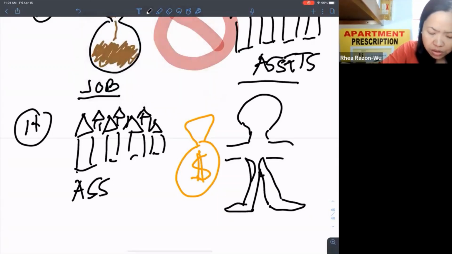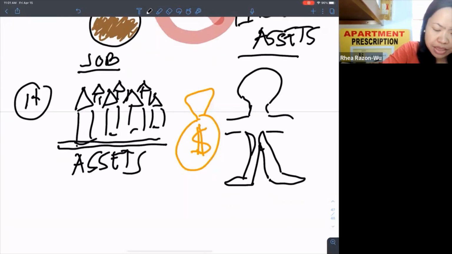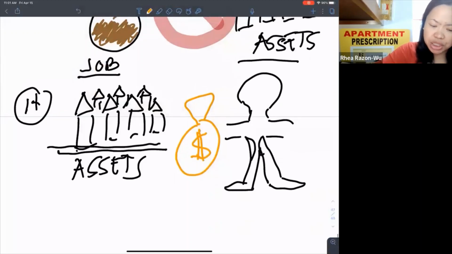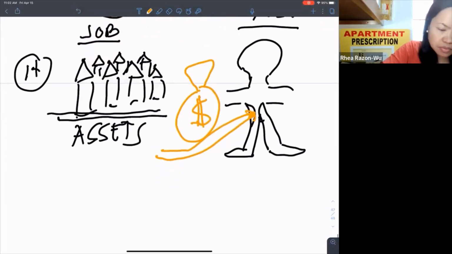And these are called assets. These triangles here with 4 sides are called assets. They're buildings, for example, the apartments. So what assets do by definition is they put money into your pocket. Assets put money into your pocket.